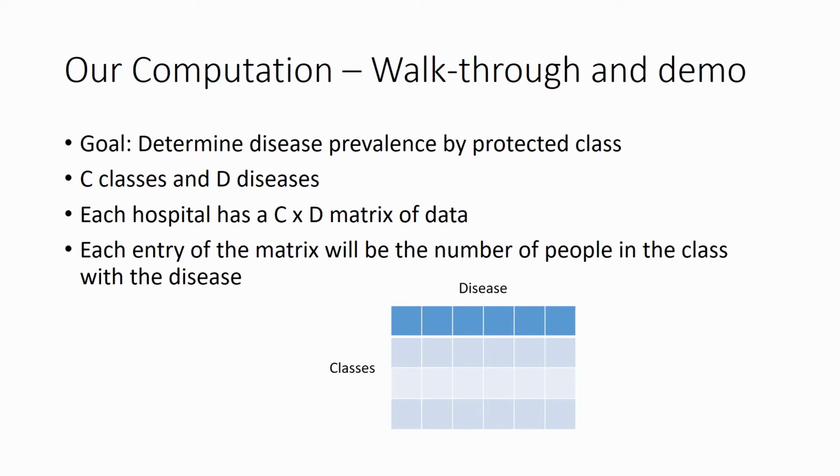So we have a matrix that is C rows and D columns representing C classes and D diseases. Each hospital will submit a matrix encrypted in row major order, where each entry of the matrix will represent how many people visited the hospital who fell into this particular class and had this particular disease.